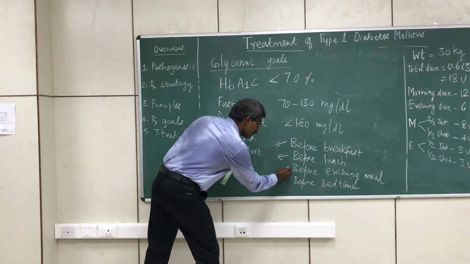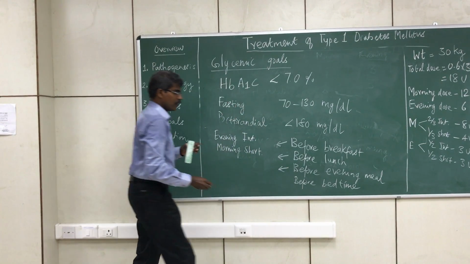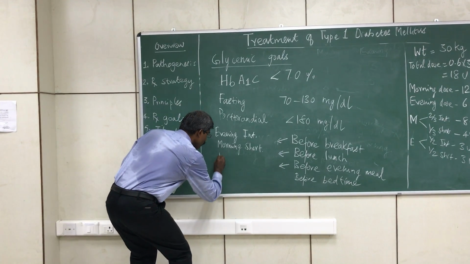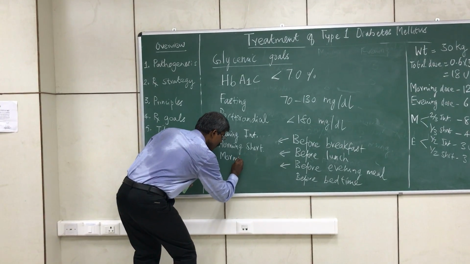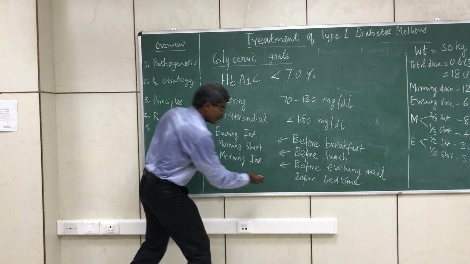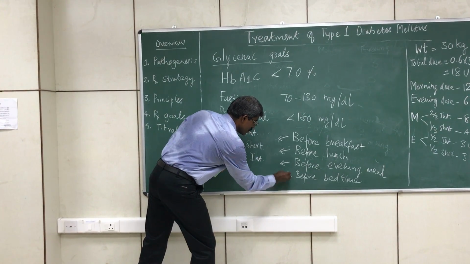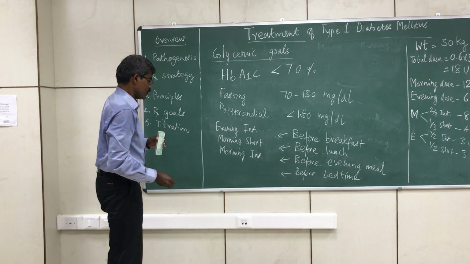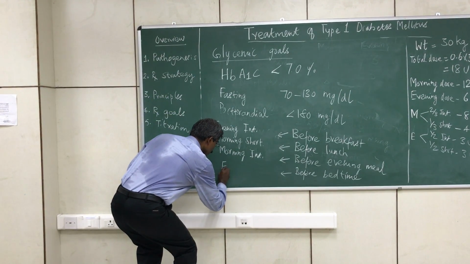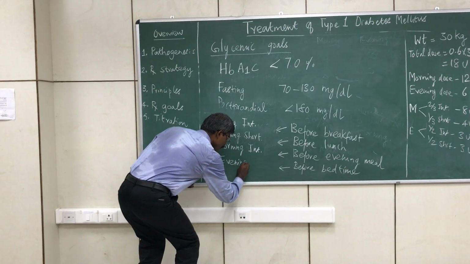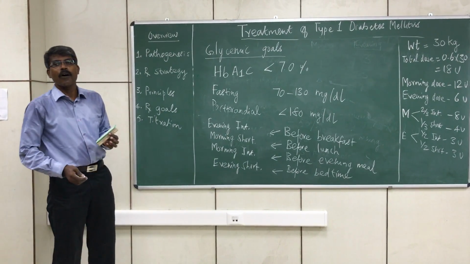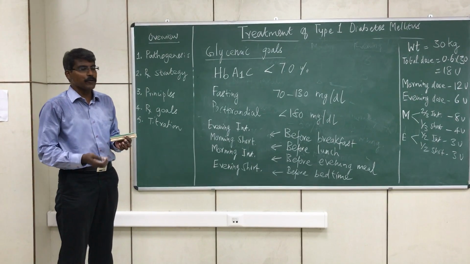If the before evening meal sugar level is not maintained, we need to alter the morning intermediate acting. And finally, if the before bedtime level is not maintained, then we need to change the short acting.